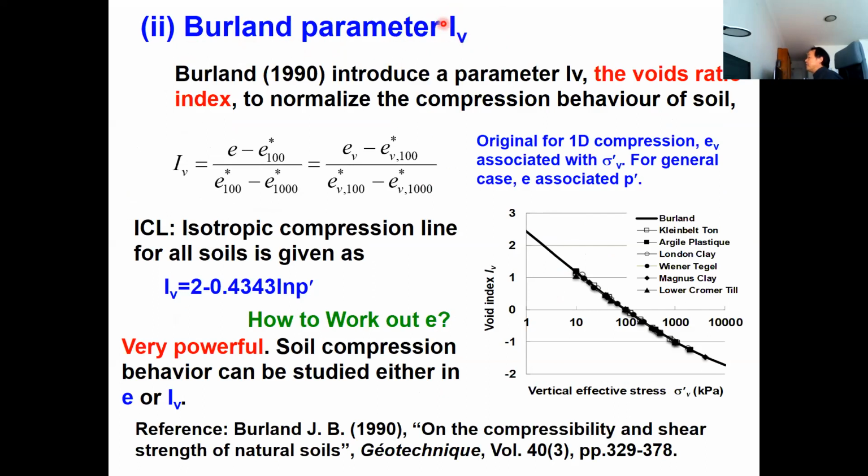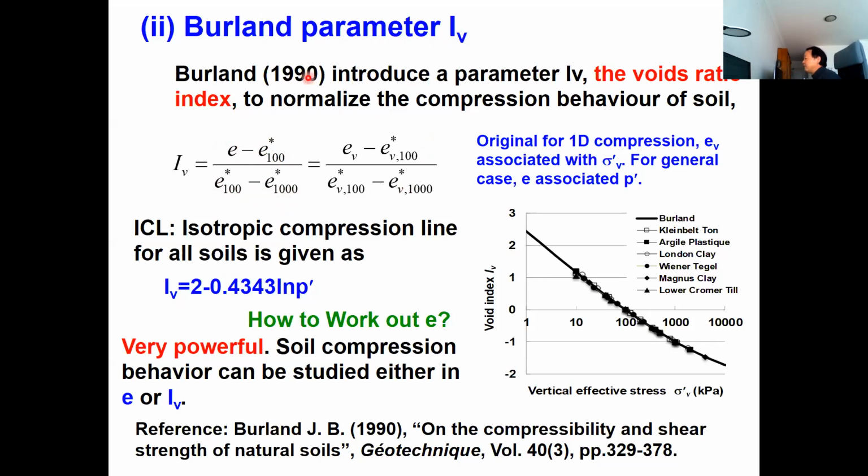Burland proposed this parameter called the void index. It is described by this equation: the void ratio of the soil minus the void ratio of the soil at 100 kilopascal, that is, the void ratio at a vertical effective stress or mean effective stress of 100 kilopascal, minus the void ratio at 1000 kilopascal.